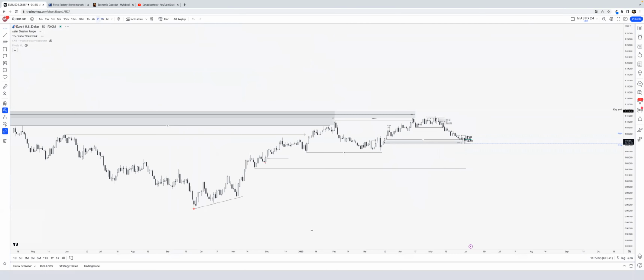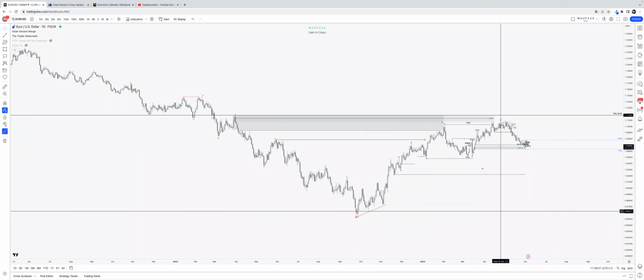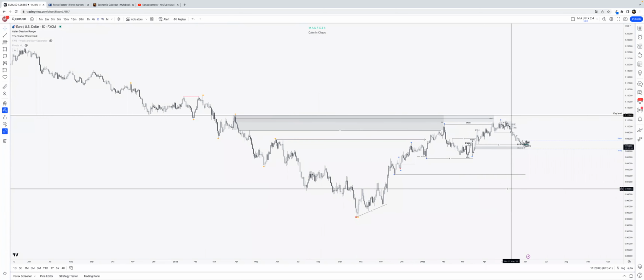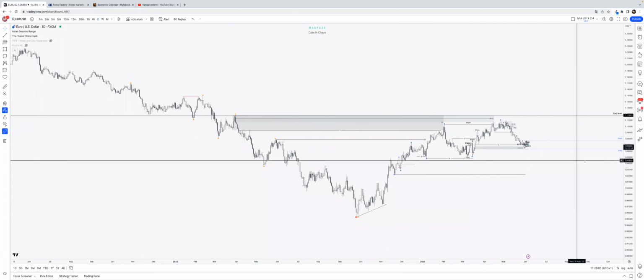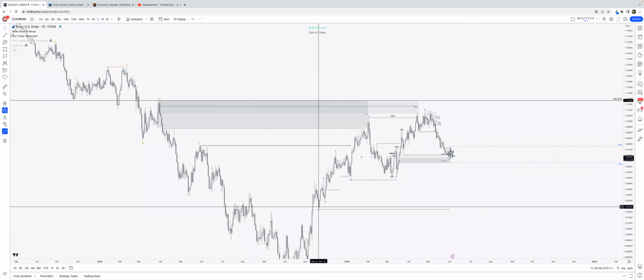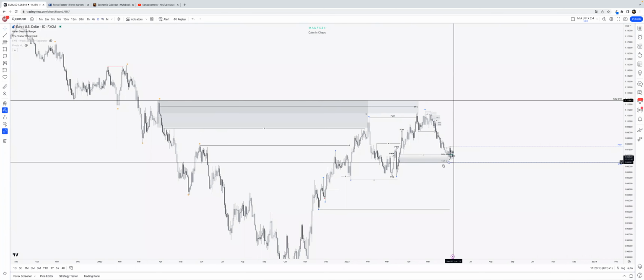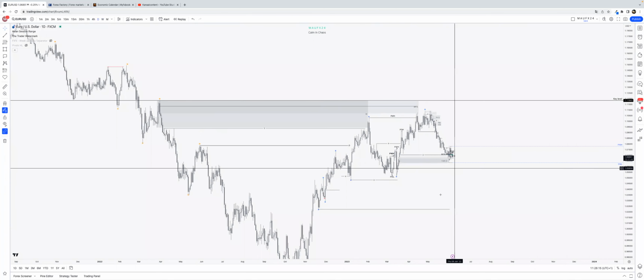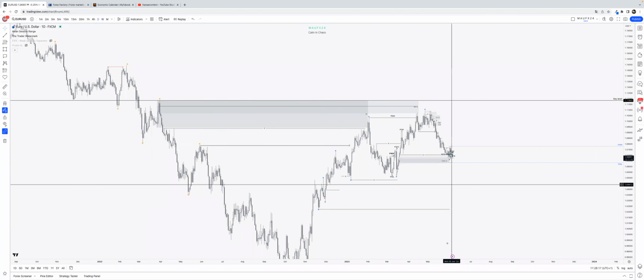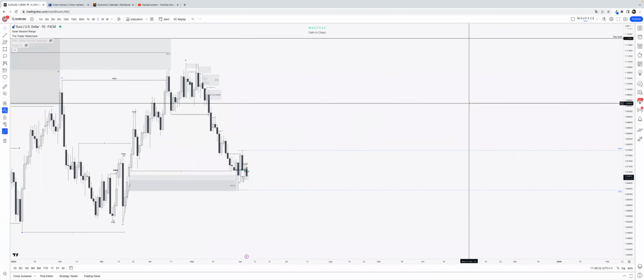We can see that on the daily is that yellow structure where we broke above here. So we want to reach discount on that range. But other than that, the most recent major structure is the blue one, and we can see that we took internal range liquidity. We tapped into this demand area over here, and we are looking for a buy trade. So high time frame wise, it is not really a strong trade overall.